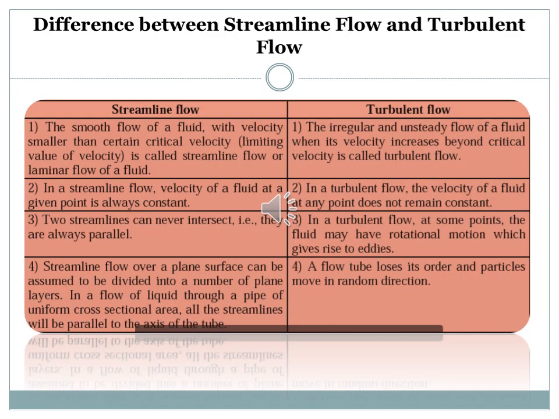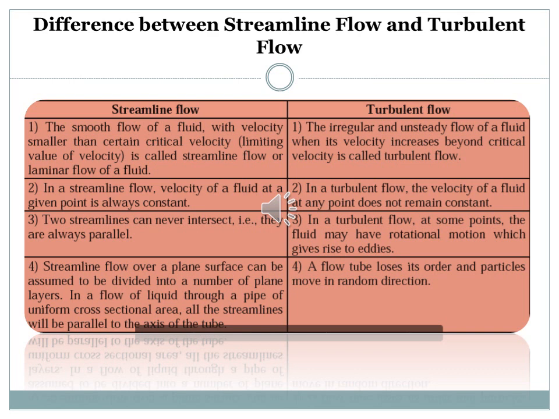So here is the chart which shows the difference between streamline flow and turbulent flow. First point, I always told you that you have to write the first point as a definition of both the terms. Then you can differentiate the definitions and you can get many points. And at the end, you can write an example of it. Alright, so the first point deals with the definition itself. Streamline flow is the smooth flow of fluid with velocity smaller than a certain critical velocity.